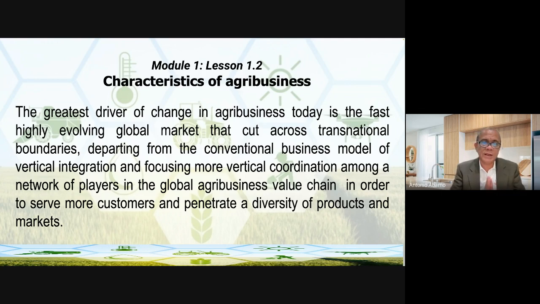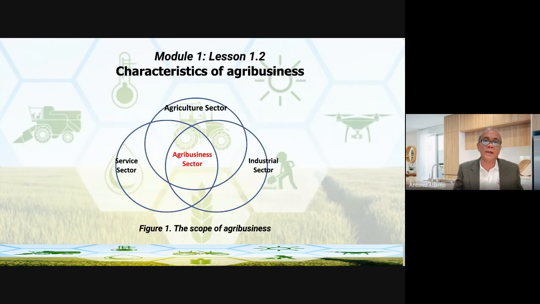So in other words, agribusiness defines where in the value chain an innovation-based and market-driven agribusiness should go. Okay. Now, in terms of characteristics of agribusiness, you have this Venn diagram, if we may call it.